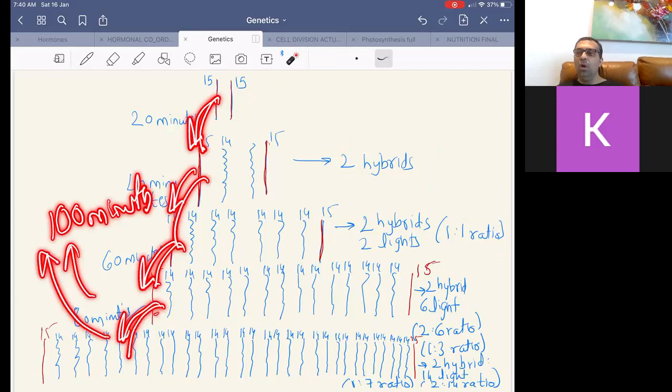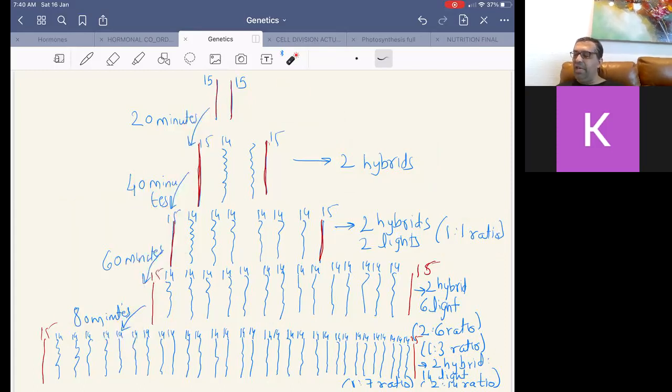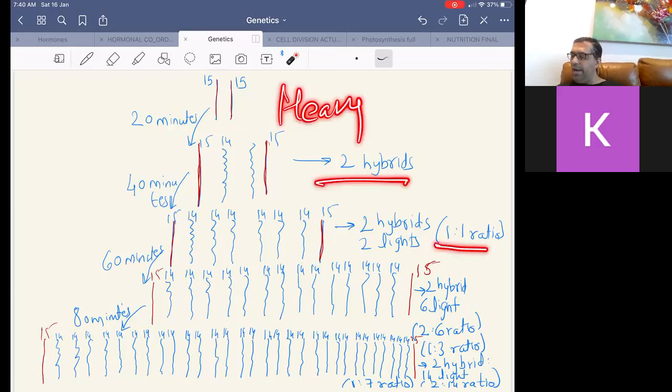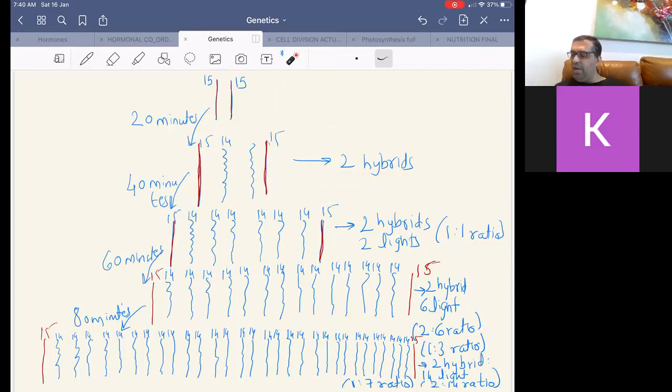Whatever they ask, remember, you will get heavy, hybrid, 1:1 ratio, 1:3 ratio, 1:7 ratio, 1:15 ratio, and so on.